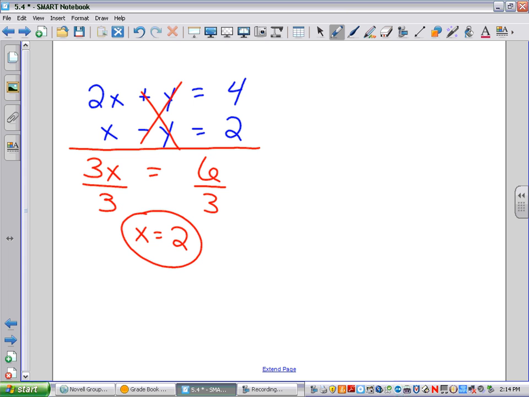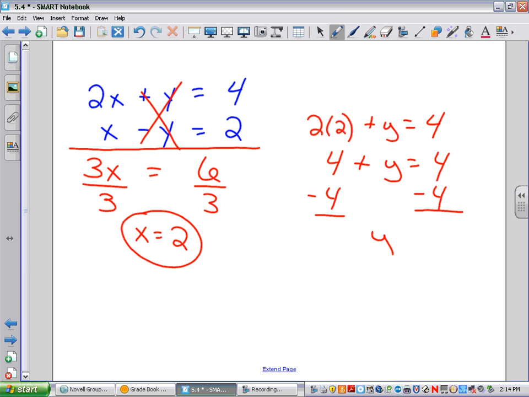I like to go to the very top. 2 times x, so 2 times 2, plus y is 4. In other words, 4 plus y is 4. And y is going to be 0 because I subtract 4 from both sides. And y gives me an answer of 0. So x is 2, y is 0.